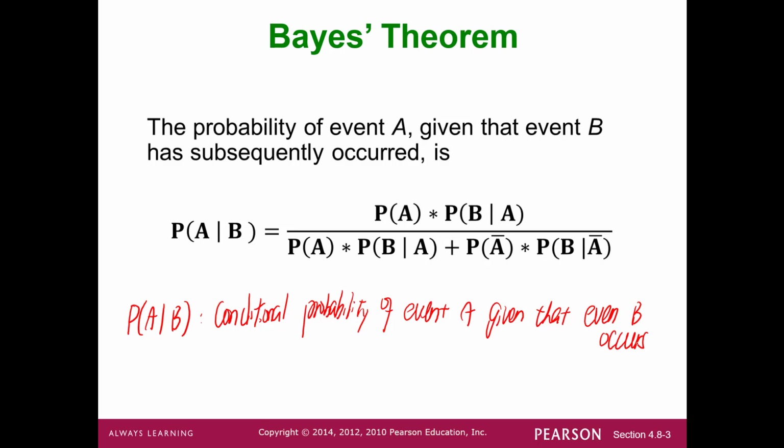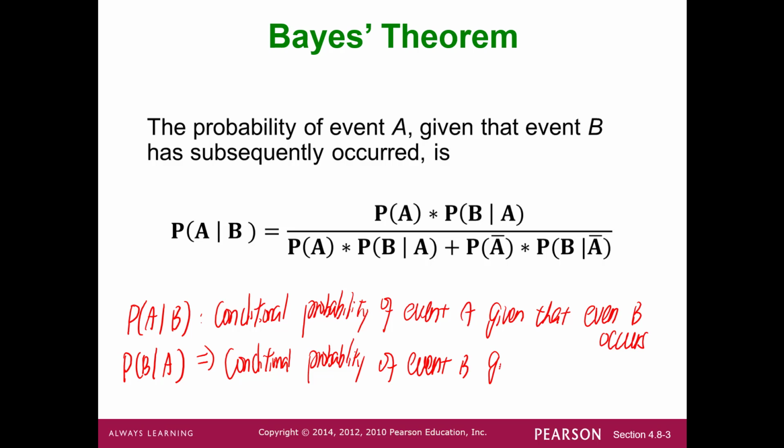That's the definition of conditional probability. And then the probability of B given A is the conditional probability of event B given that event A occurs. And these two are totally different.